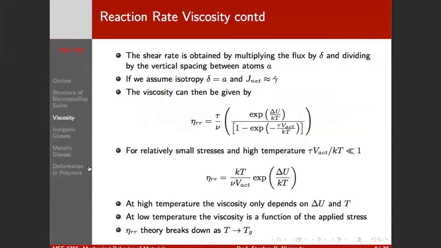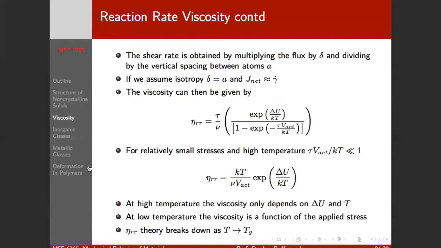All right, and so we can basically come up with the shear rate by multiplying the flux by the jump distance, dividing by the vertical spacing between the atoms, right? But if we assume isotropy, the jump distance and the vertical spacing are going to be approximately the same, so our shear rate is going to be directly proportional to our flux.